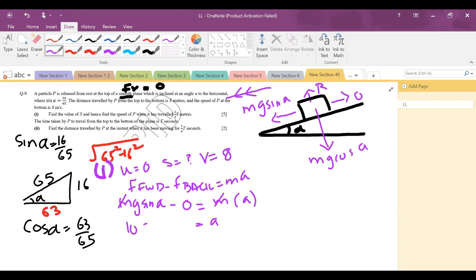Acceleration is equal to 10 times sin alpha. In fact, we know what sin alpha is. Sin alpha is 16 by 65, which gives us acceleration equals 2.46153.